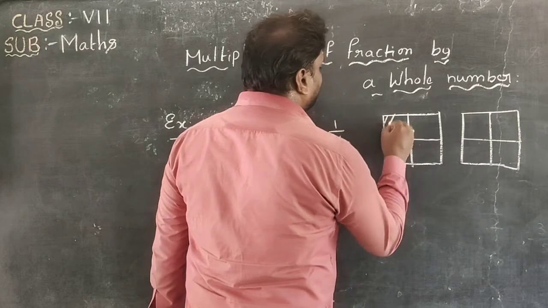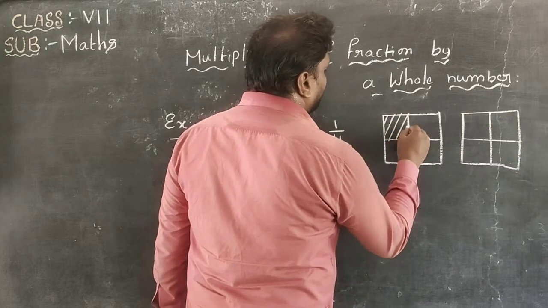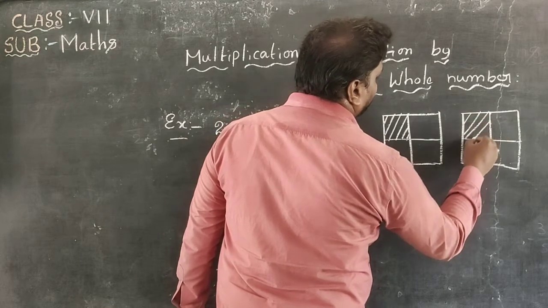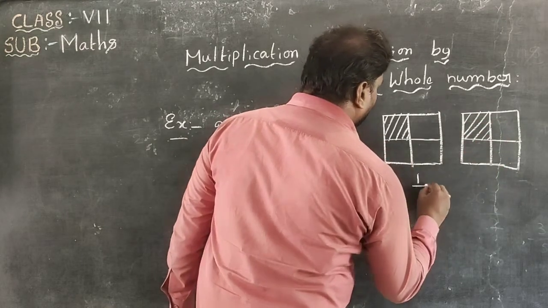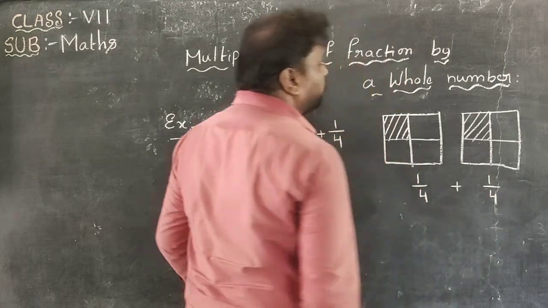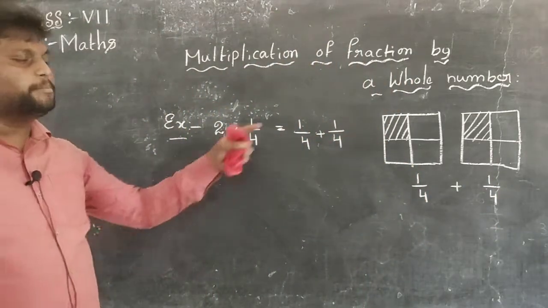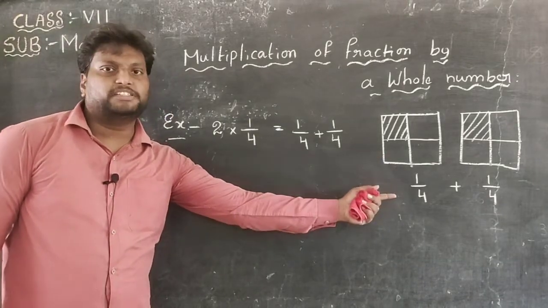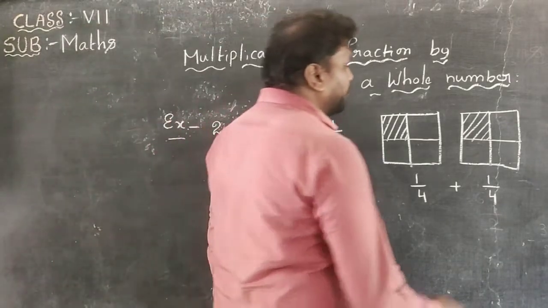One by 4 means one part will be shaded. 1 by 4 plus 1 by 4 is equal to, according to the sum of two fractions, when the two denominators are equal, we have to add the numerators. What will we get?